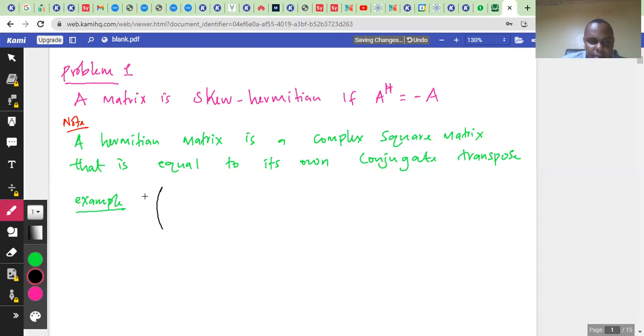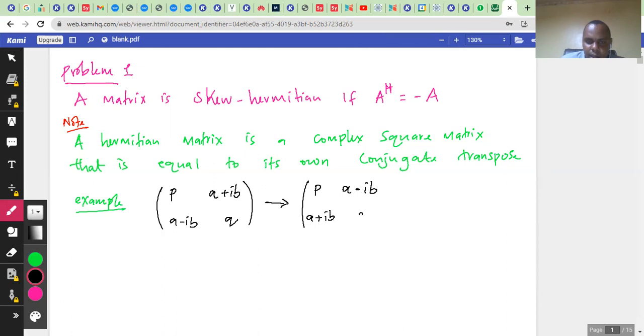So let's think of P, and then we could have a plus ib, and then a minus ib, and then we can have Q. What is the conjugate of this matrix? It's going to be conjugate P, a minus ib, a plus ib, and then Q. Whenever you're doing conjugates, you only negate the imaginary part.